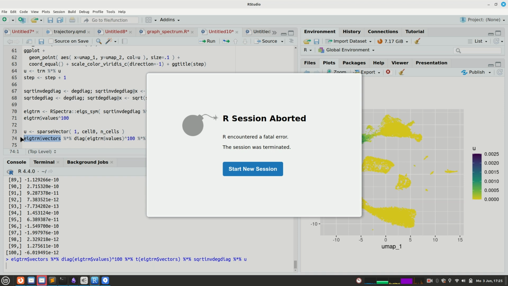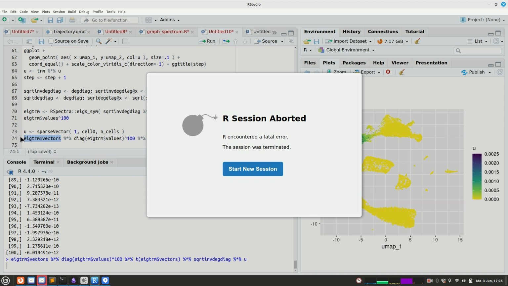So what we will do is define the diffusion distance between cells I and J. For this, we first take this lambda to the n, U transpose, D to the minus 1/2, e_i.